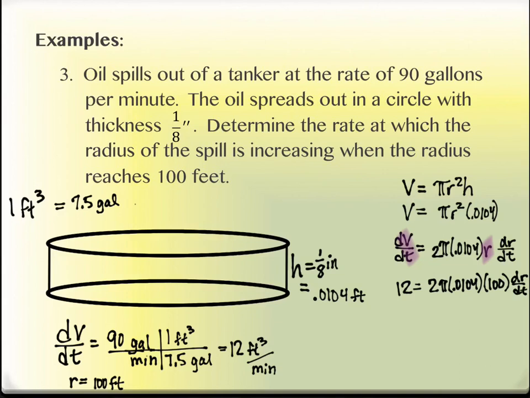So 2 pi times 0.0104 times 100. I have 12 on the left, and I have 6.5345 on the right that I will be dividing by.